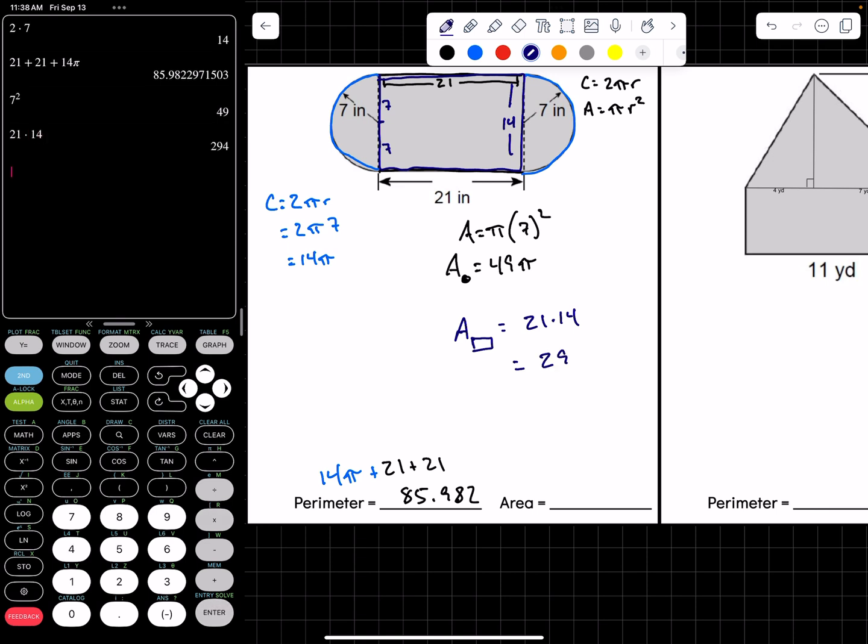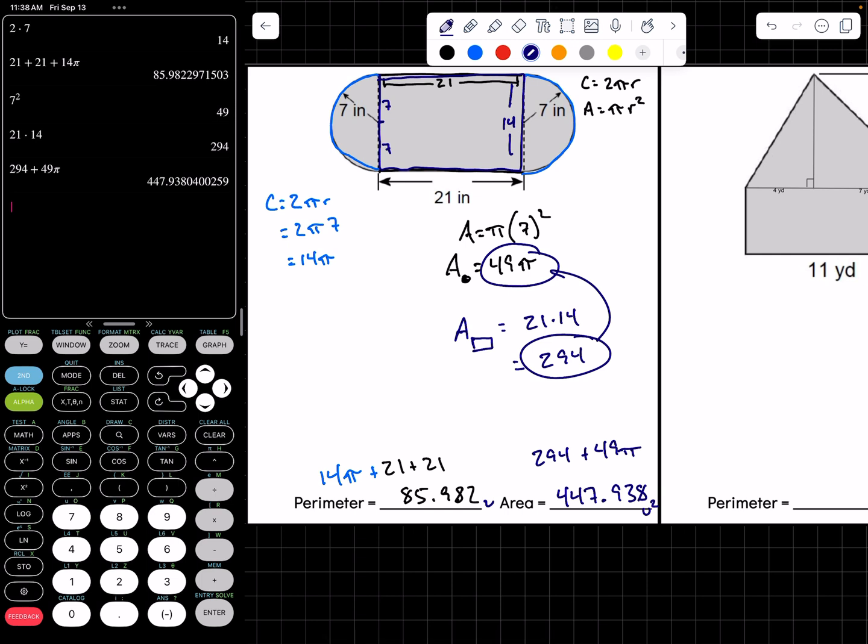We get 294. So now I've got to just add these two up. 294 plus 49 pi. Plug that straight into my calculator. 447.938 units squared. And we have units over here.